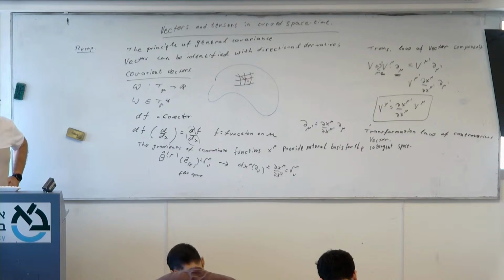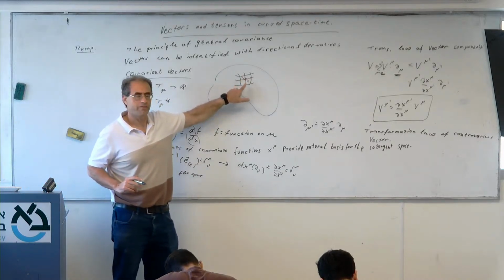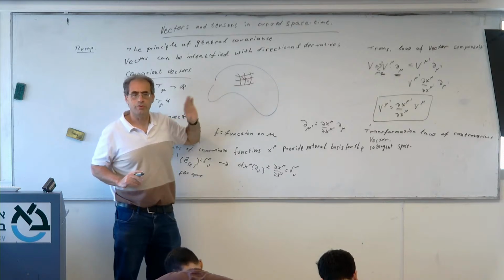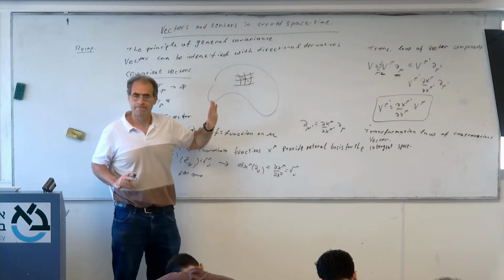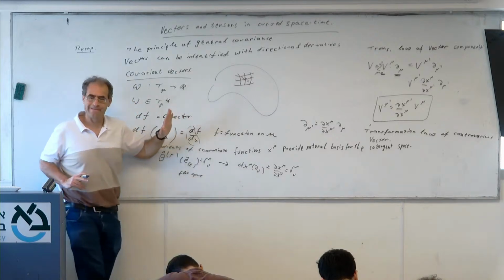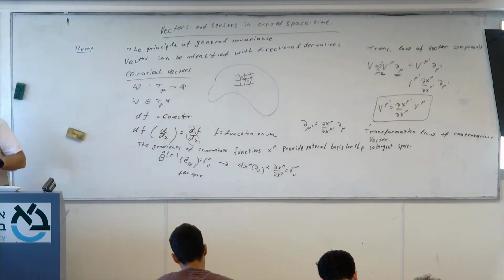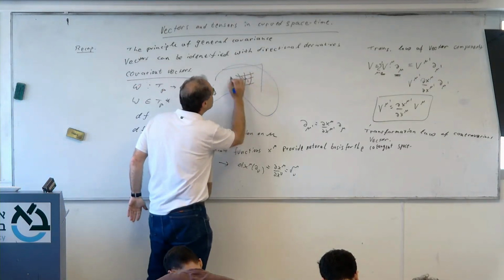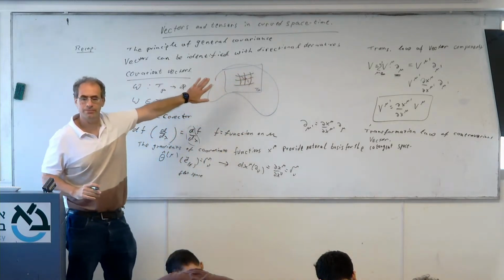They are defined only at the point P. If I go to a different point, I cannot use the same basis vectors. They don't belong there. Remember, vectors belong to a point. It's only at P. The really correct way of drawing it is to put a tangent space TP, and everything is now on that space.